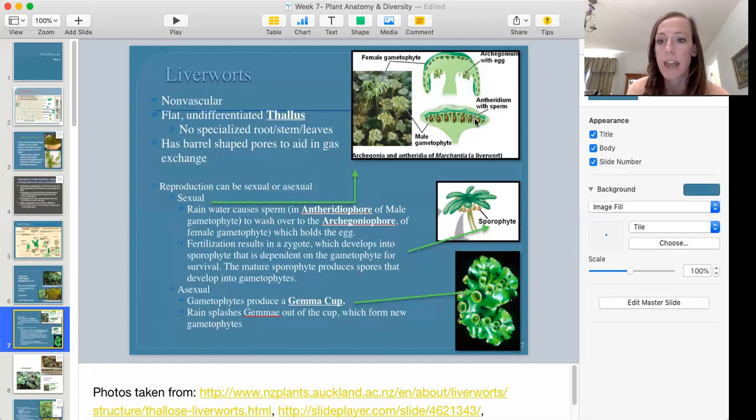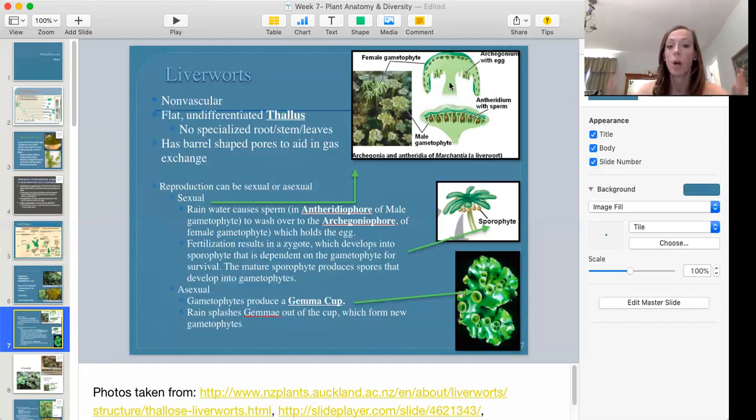This is the antheridium. It holds the sperm, and it is contained within the antheridiophore, this structure here. The arche prefix refers to the female structures. The archegonium holds the egg, and that's present in the archegoniophore, this structure on top of the stalk there.